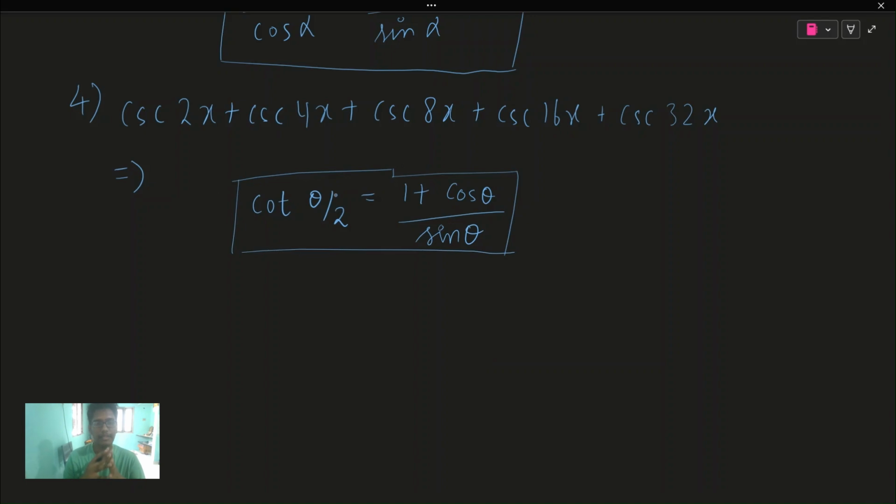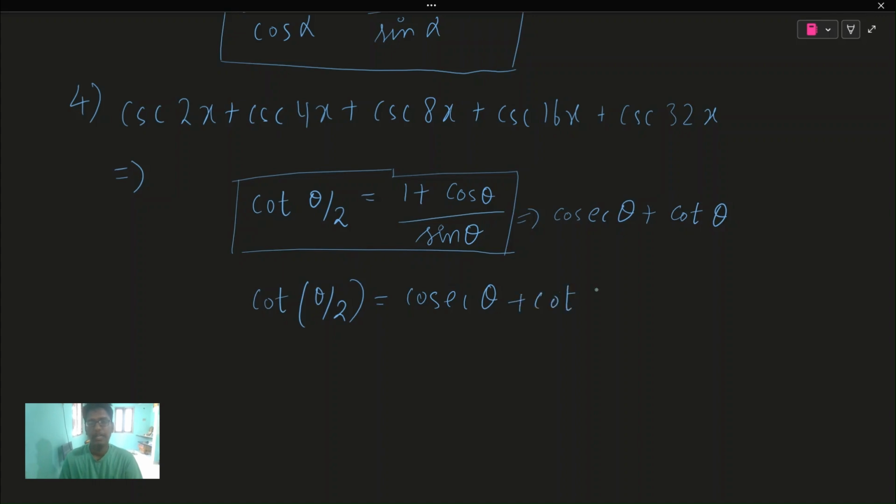Yes, this is a representation of cot of a submultiple angle in terms of cos and sine. It's actually cosecant theta plus cot theta. So cot theta by 2 can be written as cosecant theta plus cot theta.